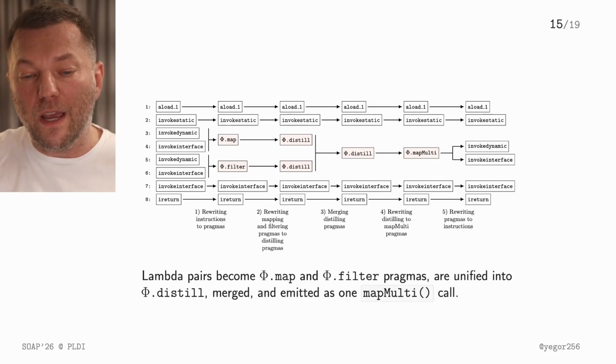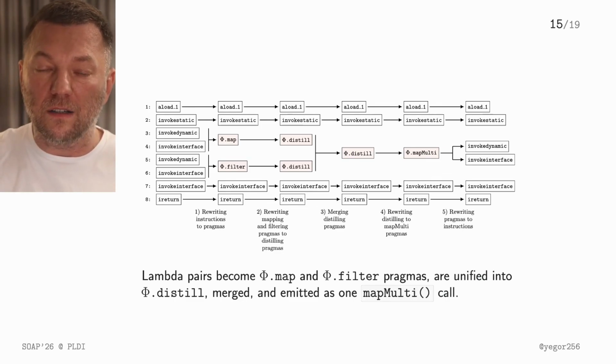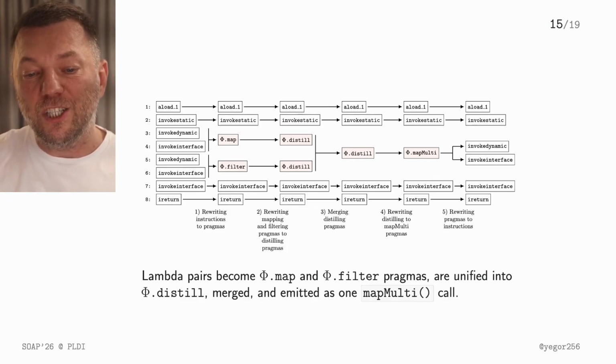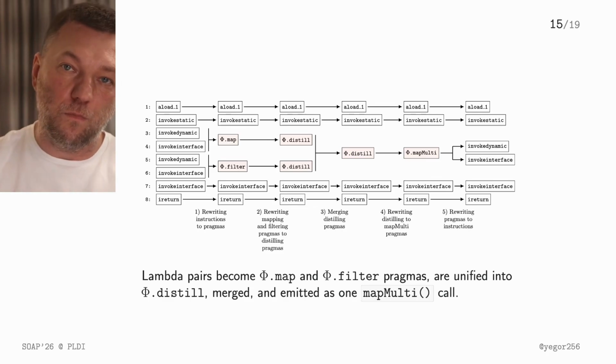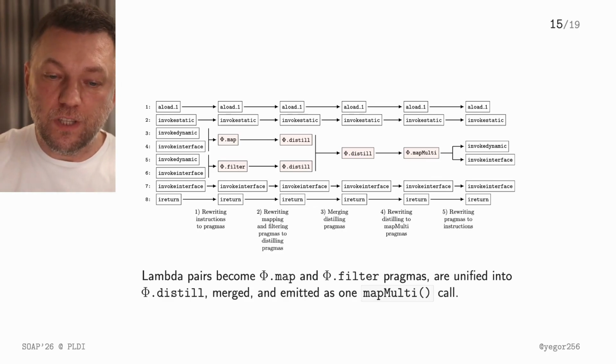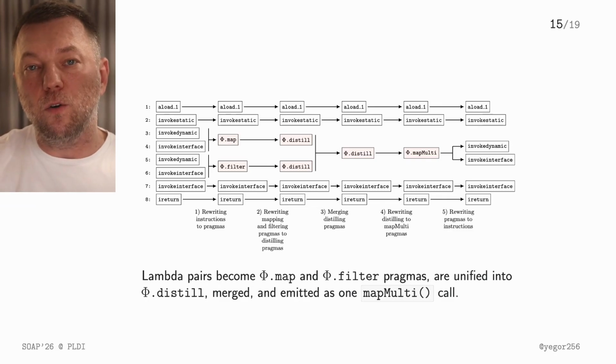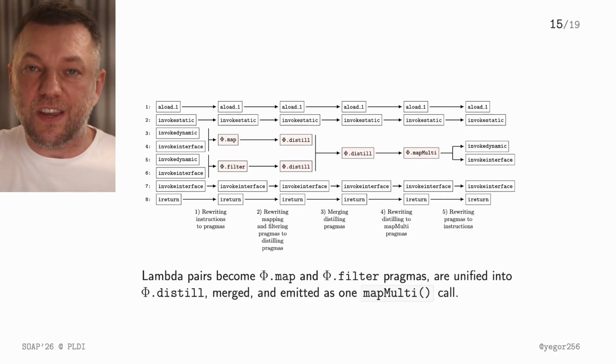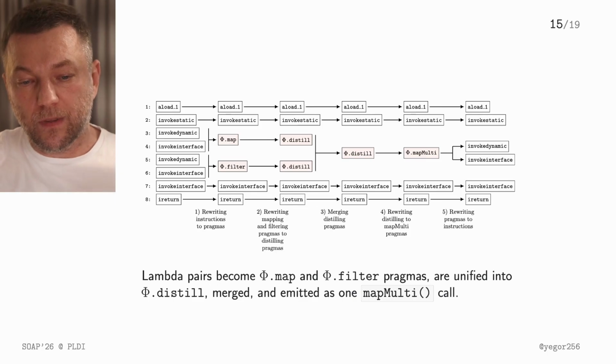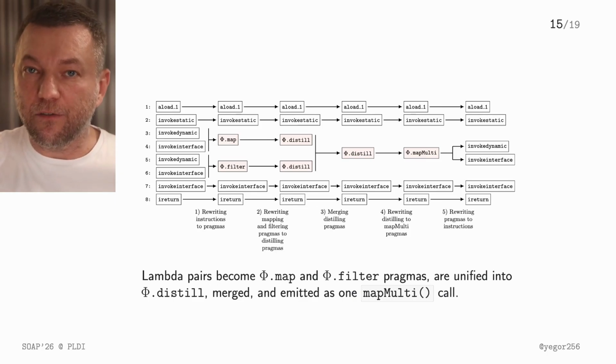And finally, we have the fusion step. If they are similar, if they are uniform, then we can join them by just concatenating the bytecode to bytecode. Each of these pragmas contains the bytecode which was originally there related to lambda static functions.